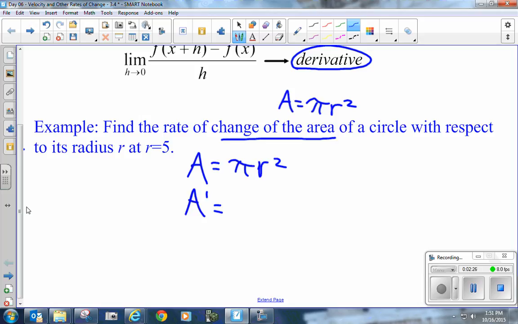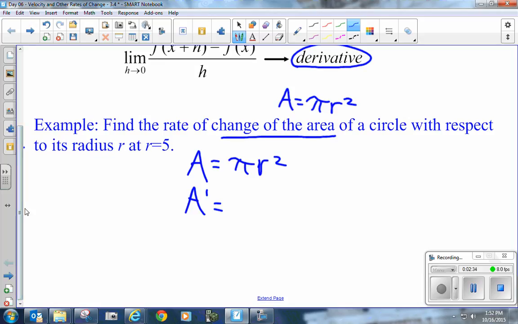We take the exponent, multiply it by the constant, and then reduce the exponent by 1. So I'm going to take my 2, multiply it out front, and then take 1 away from my exponent, and that becomes the new exponent. 2 pi r.